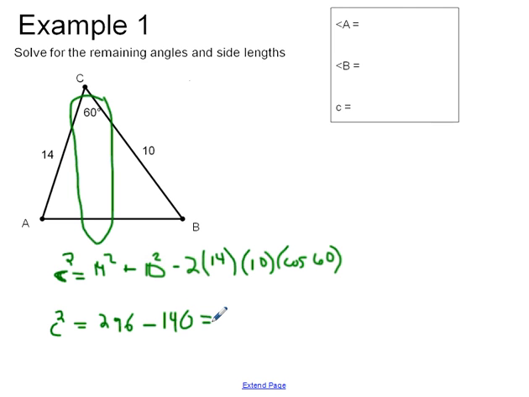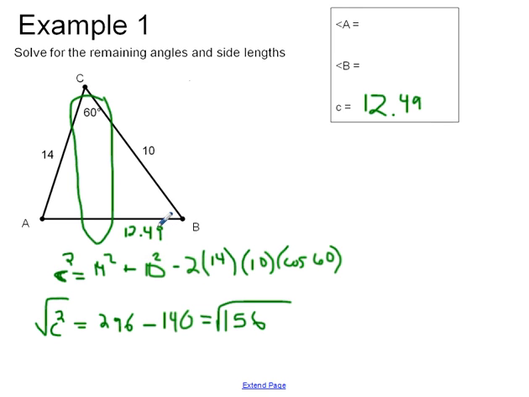So 296 minus 140 gives us 156. Square root both sides, and we end up with 12.49. Okay, so we found this side to be 12.49.